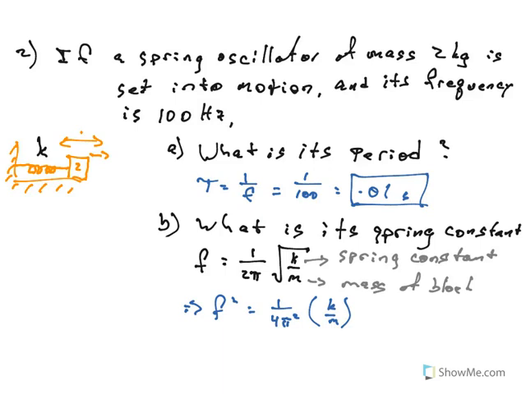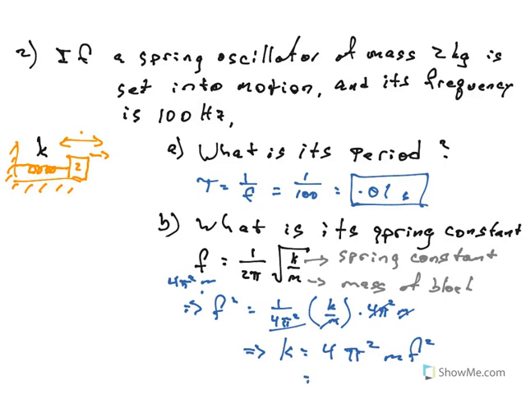Now I want to get K by itself, so I multiply by 4 pi squared times M. The 4 pi squared cancels the 4 pi squared, the M cancels the M, but then I have to do it to this side too, 4 pi squared M, and I get K is 4 pi squared M f squared.